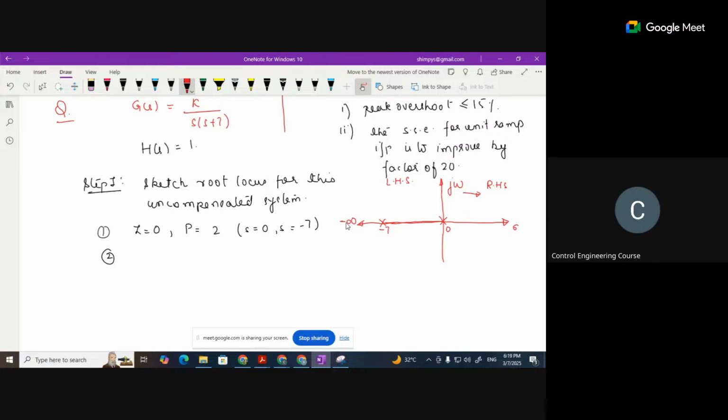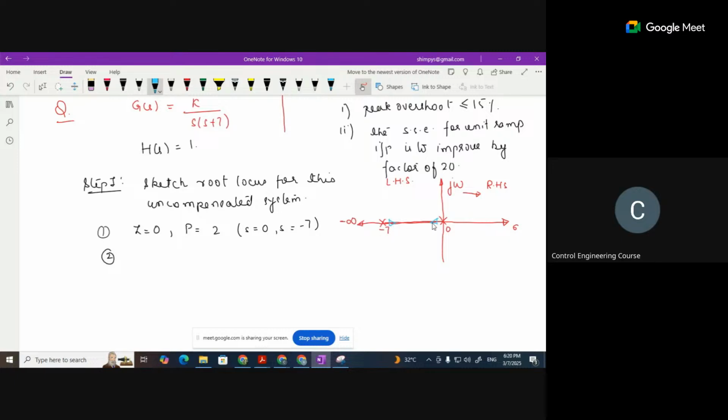Now come to minus infinity, where we have two poles. So from minus infinity to minus 7, there won't be any root locus branches. Now you know that the root locus originates from the poles. So one branch will originate from 0, and another branch will originate from minus 7.